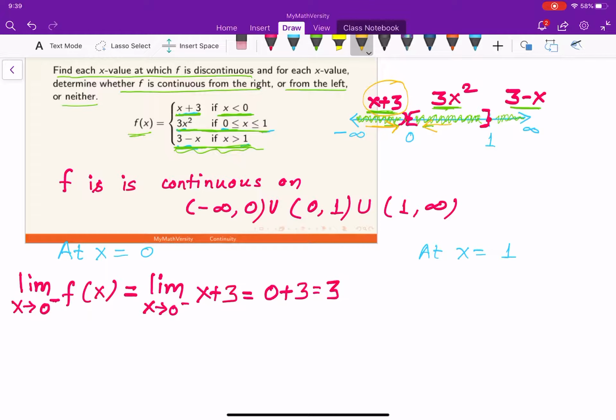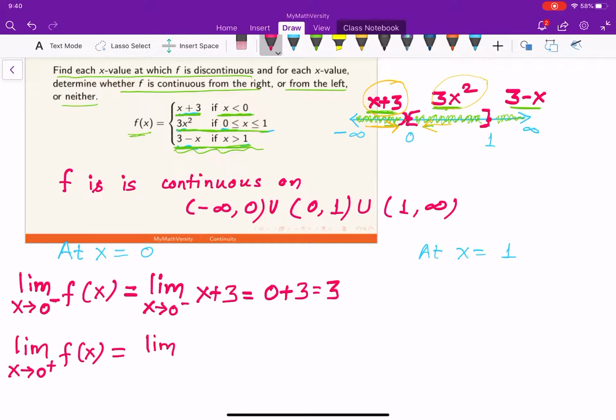In the same way, let me go closer and closer to 0 from the right side. When I go closer and closer to 0 from the right side, right at 0, you can see the function is 3x squared. That's how the function behaves. So let's compute the limit of the function at 0 from the right side.